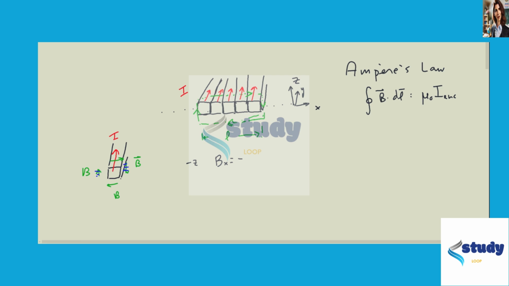So we'll say B times minus B times L is equal to mu naught. And we'll just say that there are n wires. We won't count them. There's 5 there, but we'll just in general say that there are n wires enclosed.